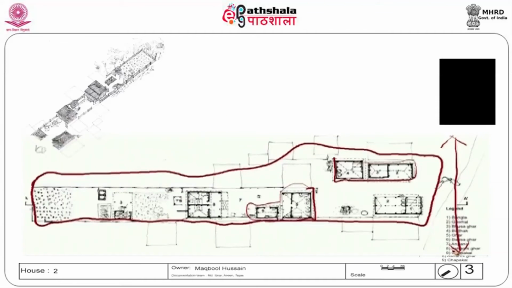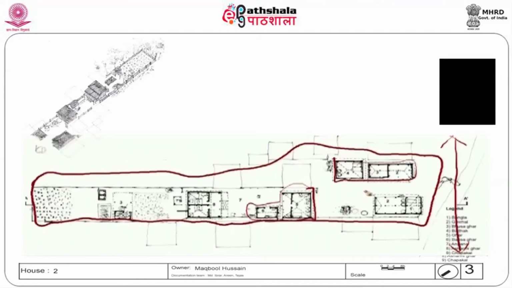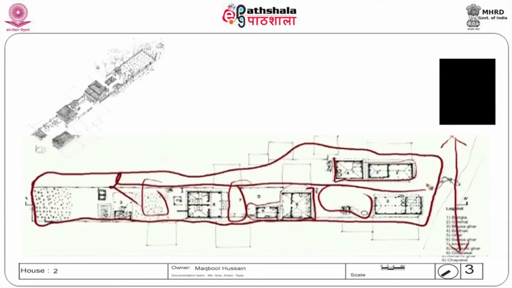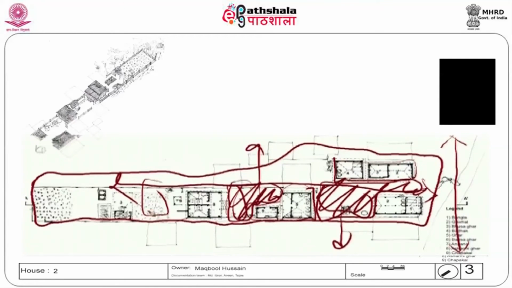In this case, the narrower plot has compelled the type to organize itself in a series of linear spaces connected by a linear network. For example, in this case the grouping is staggered. In this case again it is somewhat staggered, but it is opening towards this side, and in this case the enclosure is such that it is opening here and this part has been worked out in some way that carries some function.